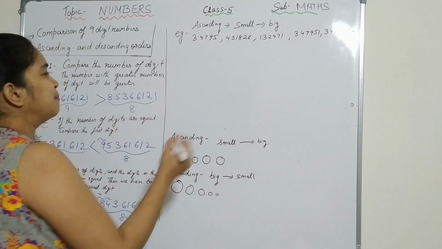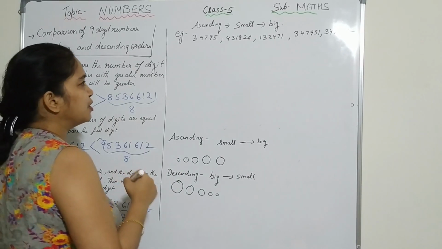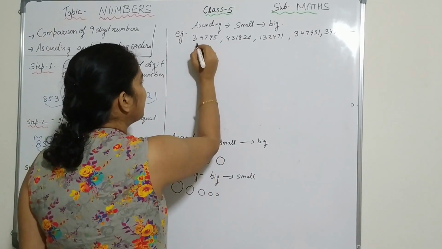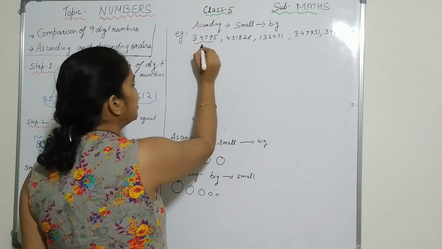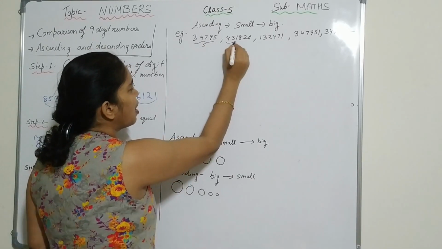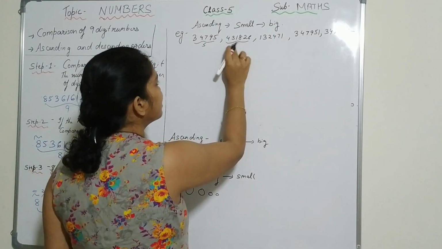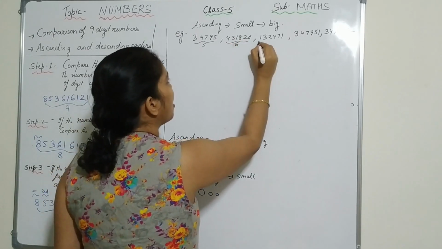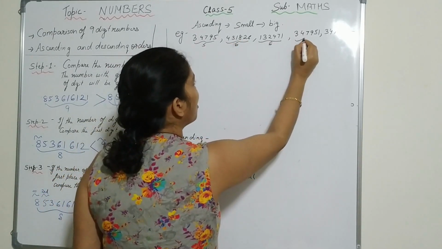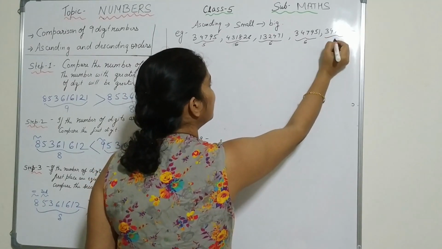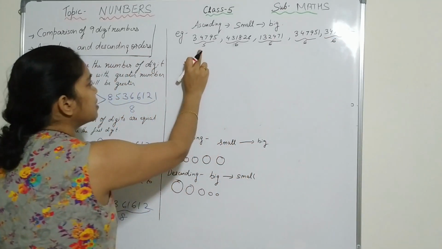So how will you compare between these two numbers? First you have to find out how many digits are there. How many digits are there? It is 5 digit. How many digits are there? It is 6 digit. Yes, 6. So this one is the smallest one.